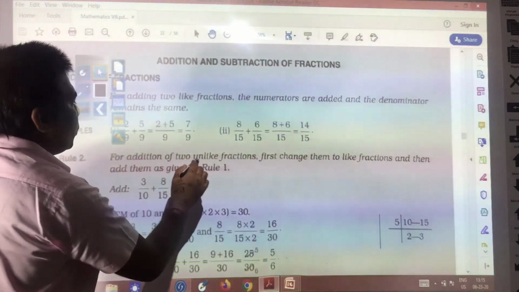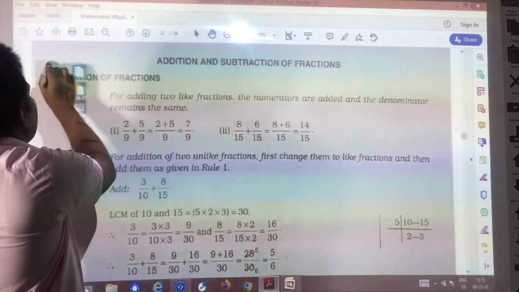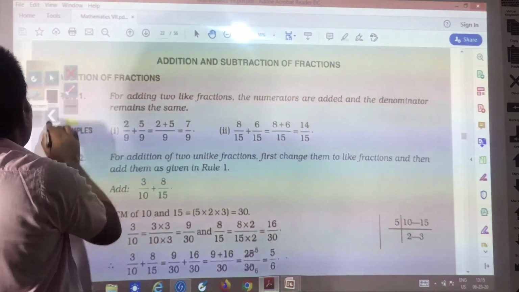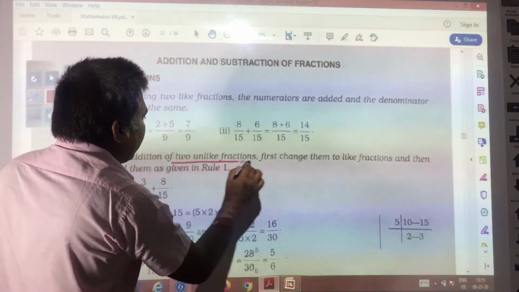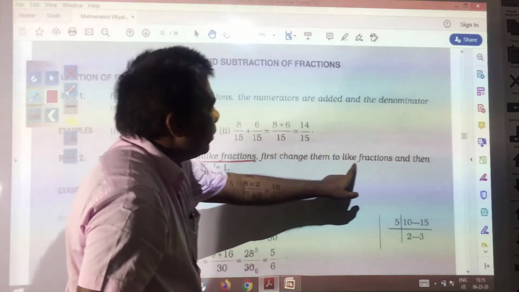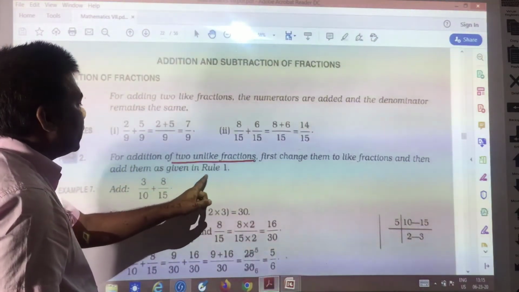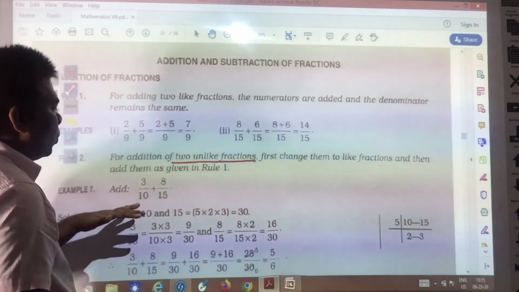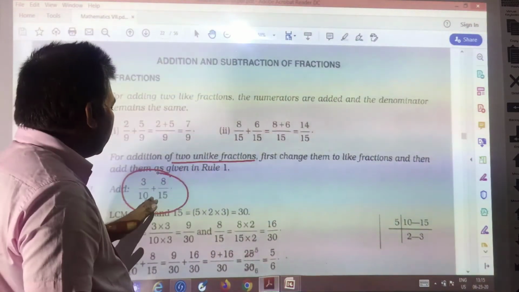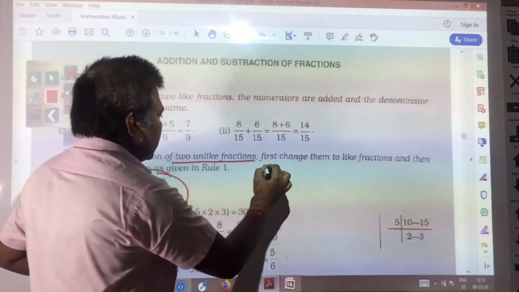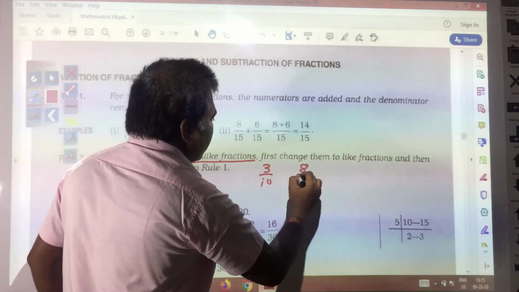For addition of two unlike fractions, what will you do? First change them to like fractions and then add them as given in rule 1. You already learned how to change them into like fractions. Suppose you have 3 by 10 and 8 by 15.